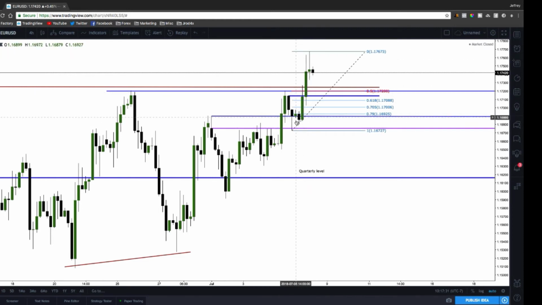If you guys are confused with swings or anything, just ask me. But you're pulling your fib on the swing that breaks structure. So this is the swing that broke structure. So where would we expect the market to retrace into? Well, 61.8, 70.5, and 79% are the potential levels.